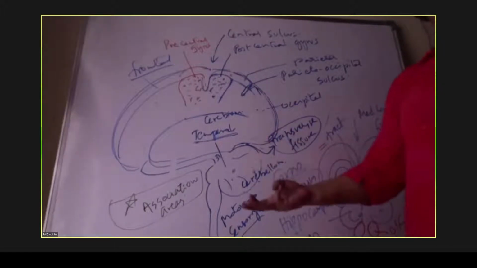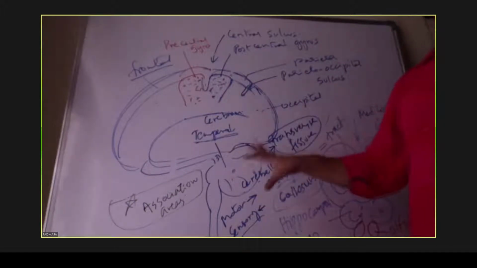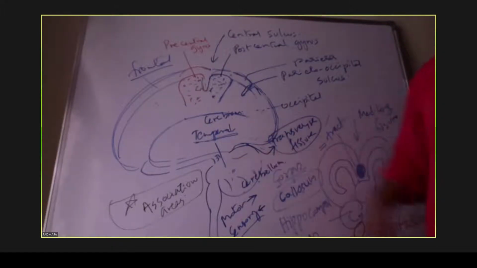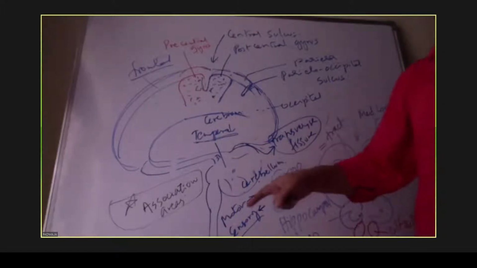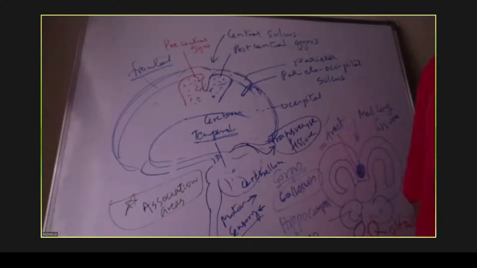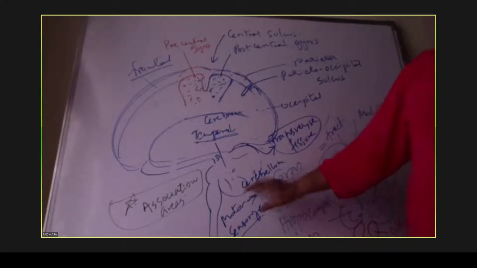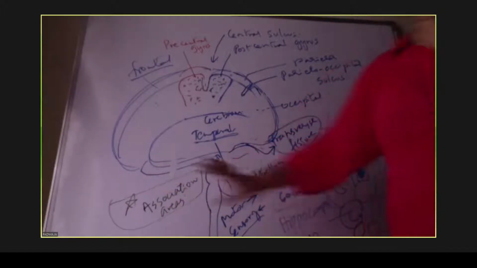According to the sound, according to the sight, most of the time we react. So, intersensory association, memory, reasoning, communication, and emotion. So, what we receive, according to that we have to react. So, that processing is done in the association area.